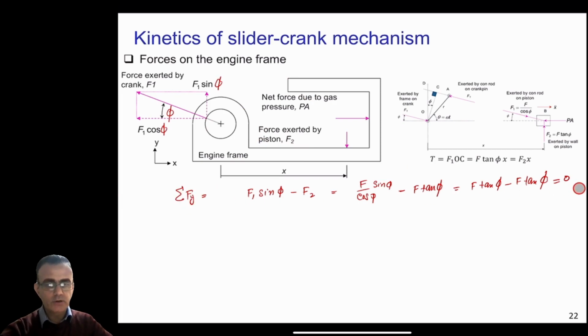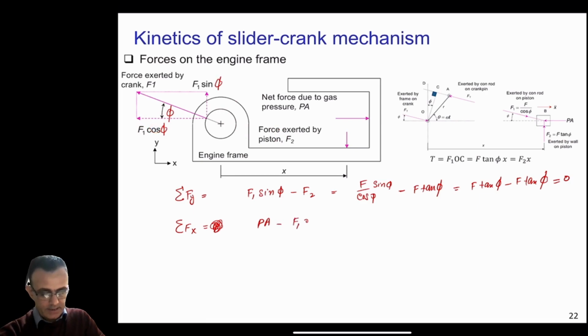Now we want to calculate the forces in the x direction here. So summation of all the forces in x direction. So in x direction we have this PA, which is in the x direction, and we have this f1 cos pi minus f1 cos pi here.